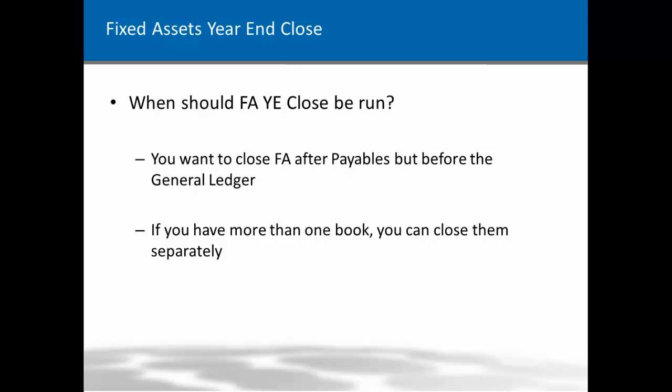I haven't seen it yet, but I know that once you close the year for fixed assets, it's hard to go back and get reports and things like that on them. So make sure that you do a backup of this before you close it and keep that backup. So if you do need to restore it in a test environment, you can do that if you need to run any of your reports for last year.